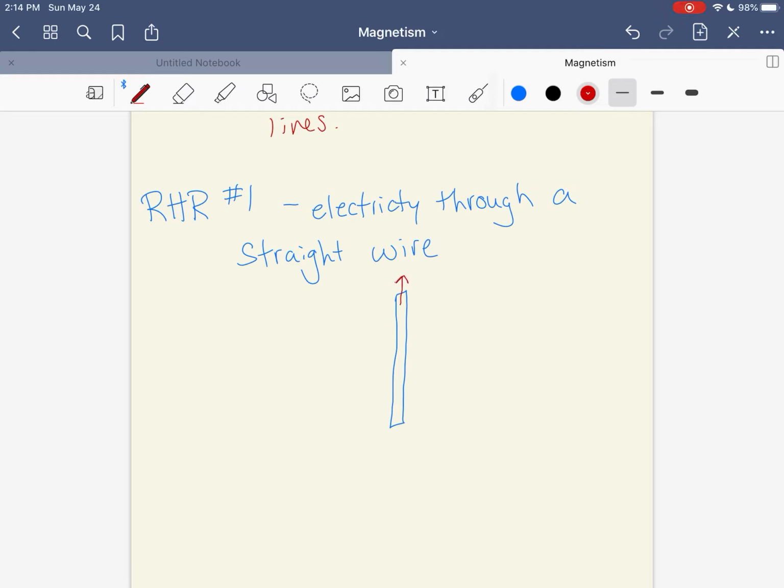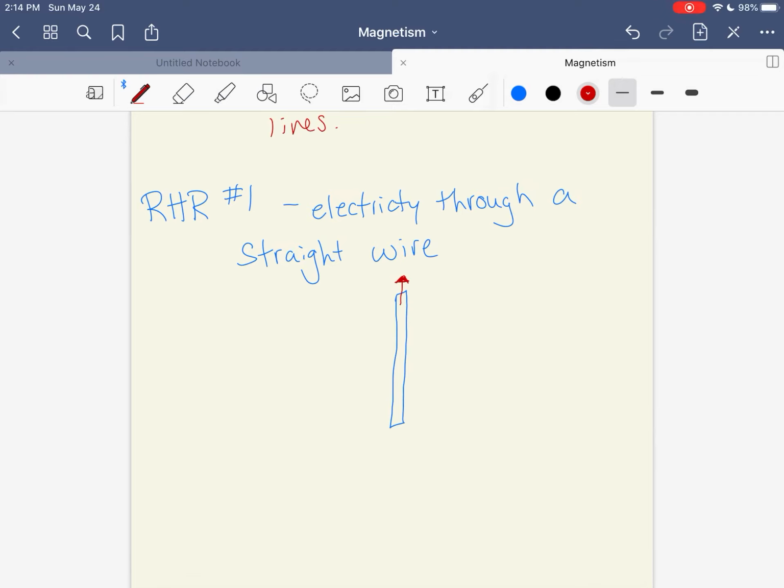So if our electricity in the wire that I've drawn here is going straight up, we are going to be able to draw the magnetic field lines that are going to be around the wire. Now we're going to use our right hand for this. With your right hand, your thumb is going to point in the direction of the current.